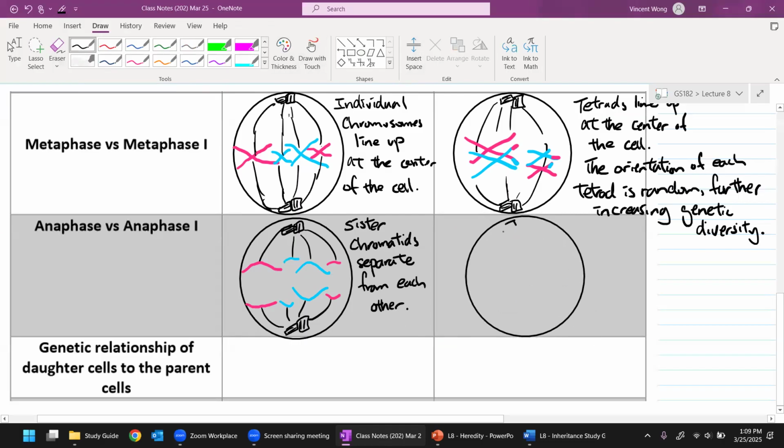And then over here, instead of the sister chromatids separating, we have the homologous chromosomes separating.